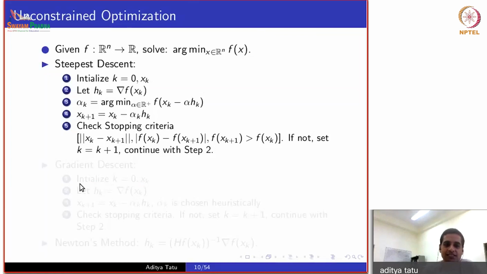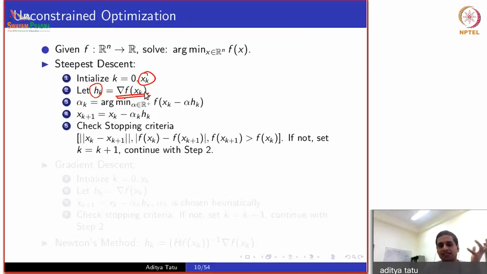In gradient descent, you start with a random point xk. This is the direction, the gradient. Let's call it hk. Don't get confused between hk and h from the previous slide; it's a new notation. hk is the gradient of the function f at the point xk.